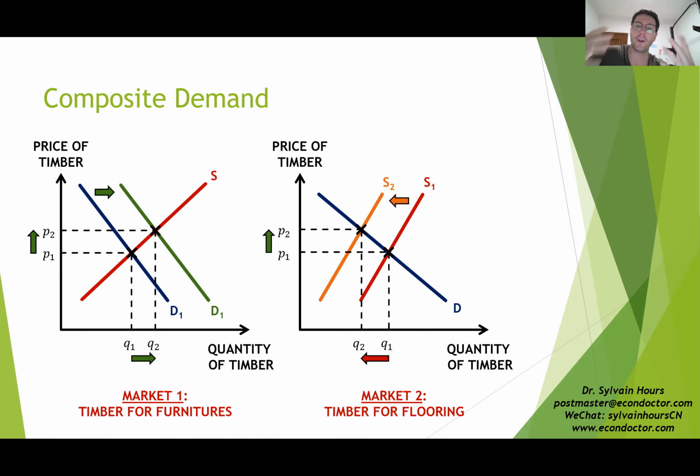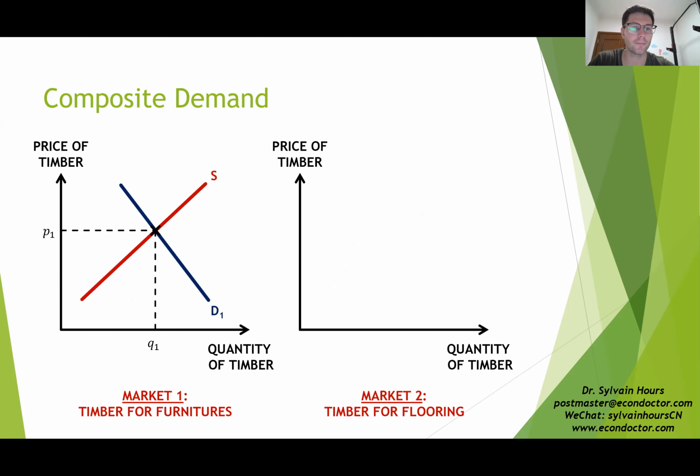But because firms who produce timber have a stronger incentive to sell timber in market one, timber for furniture, there will be less timber left to be supplied in market two, timber for flooring. So the supply of timber in market two will decrease. Less incentive to sell timber in market two because now the price is relatively lower.